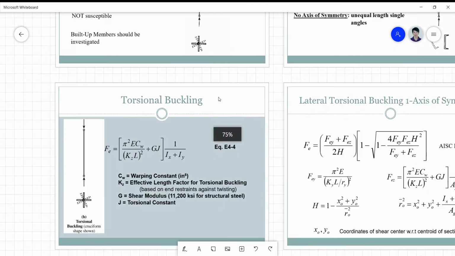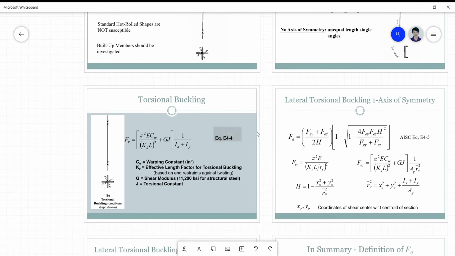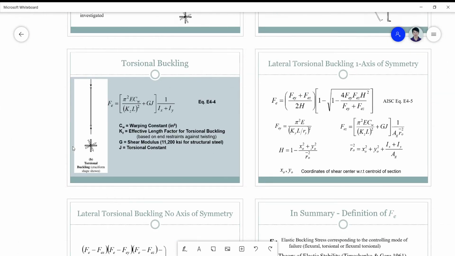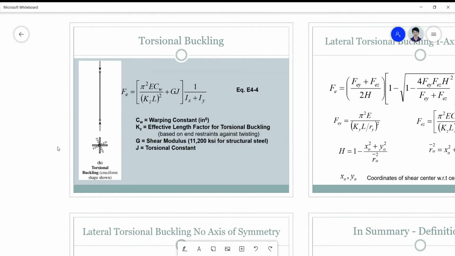And the equations involved in this torsional consideration become more and more involved, stringent, perhaps because of its nature.